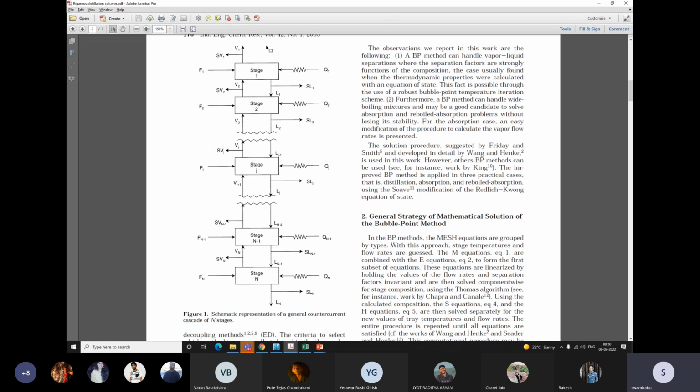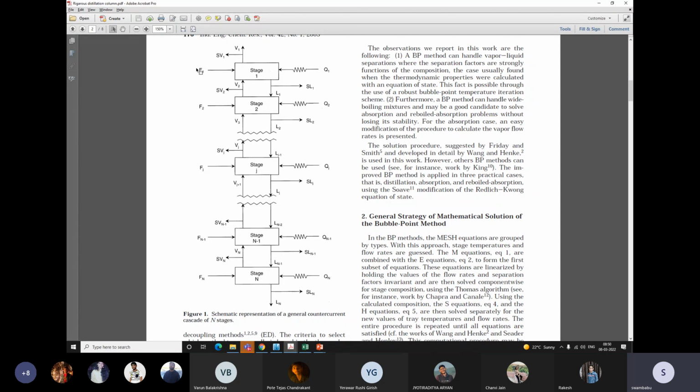A typical distillation column is split into individual stages and has multiple stages. In the rigorous distillation column, we write mass balance and energy balance across each stage, and also for the overall distillation column.